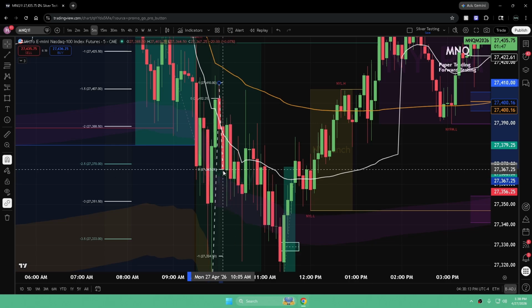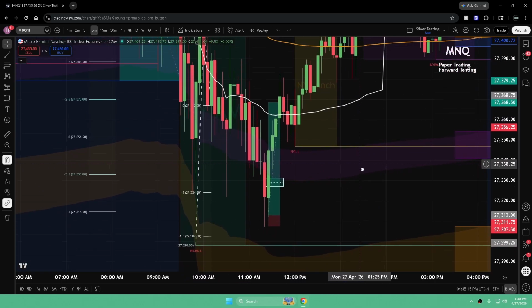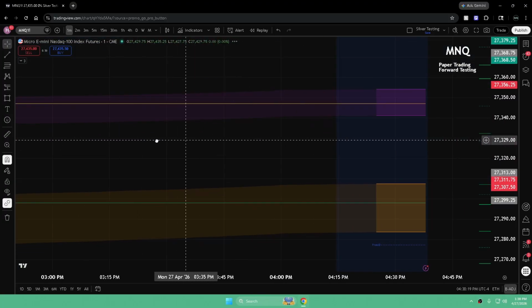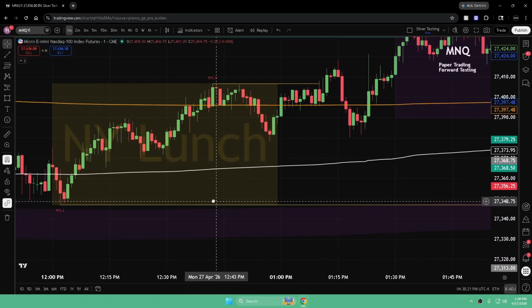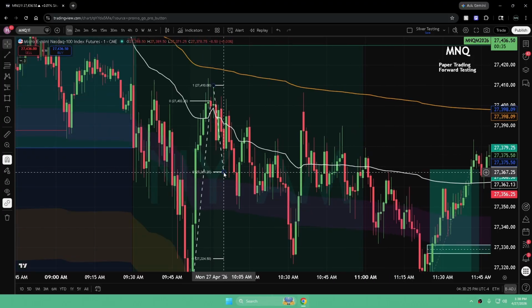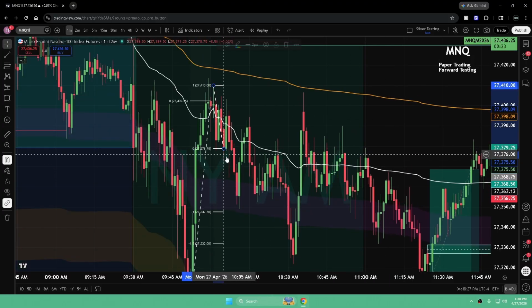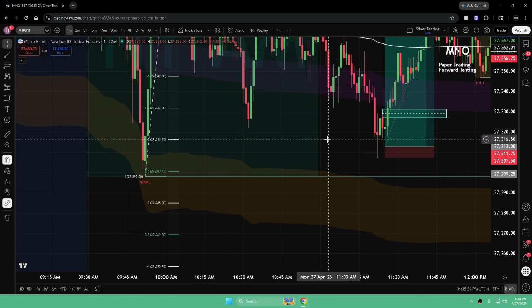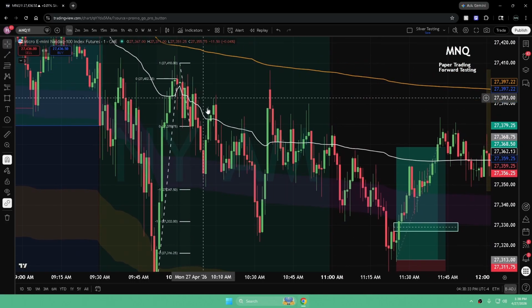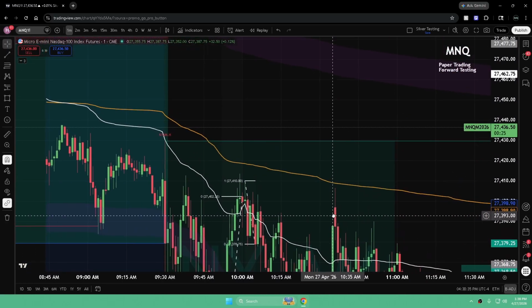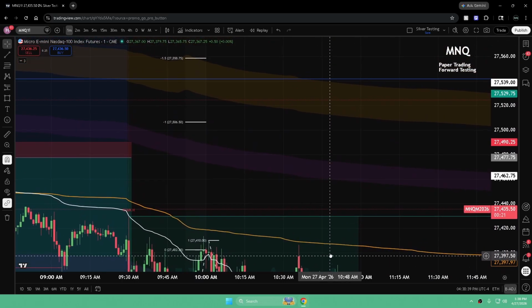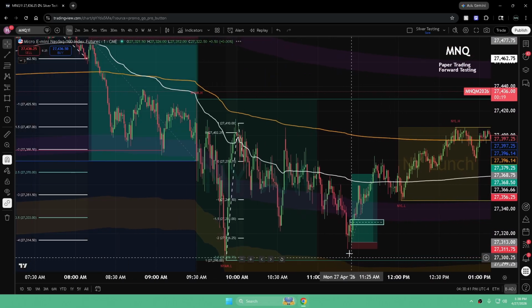We have this high or this low right here. So I would take it to probably this low. Go on a 1 minute. Go back to it. We go ahead and take a look. So we have this candle that we could reject off. So we have -2 right here. Right? So it's just a matter of going back and forth and looking at higher time frame legs and etc.